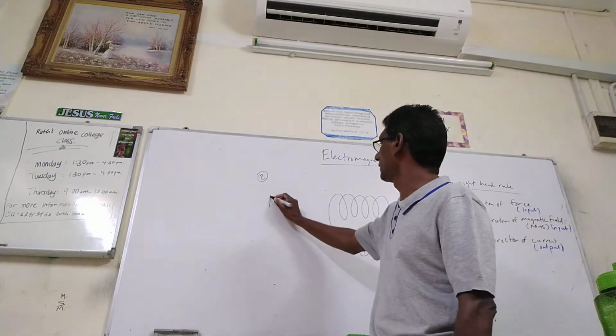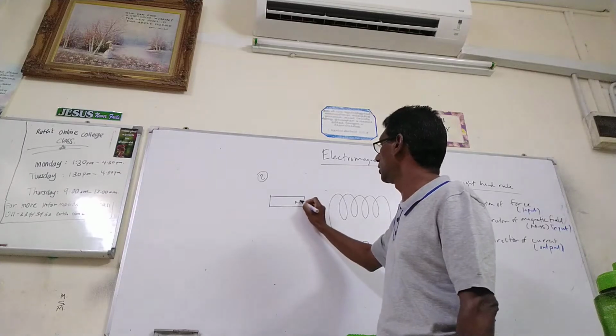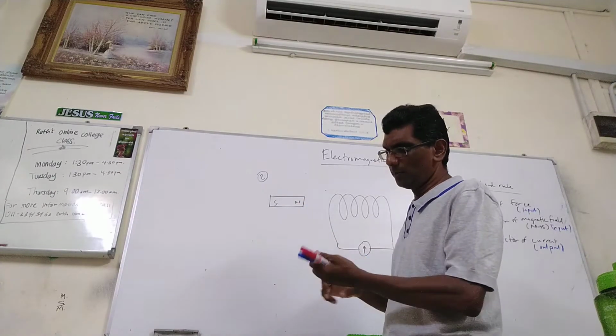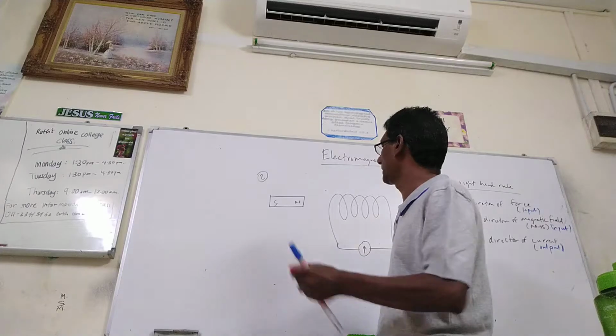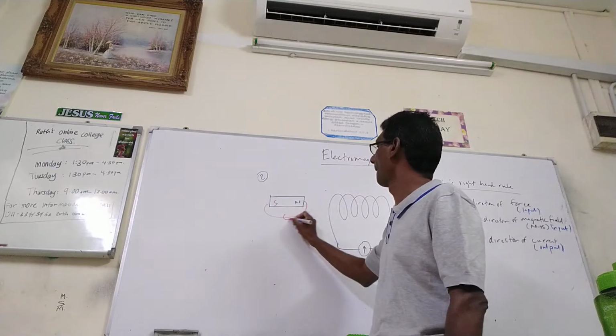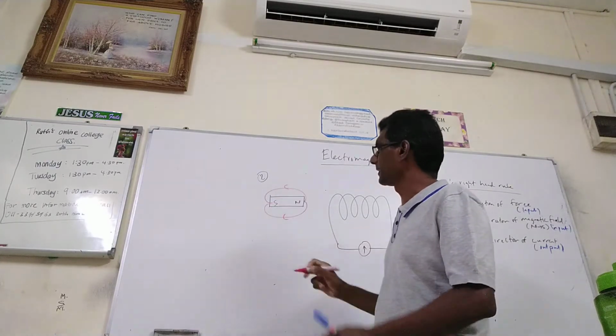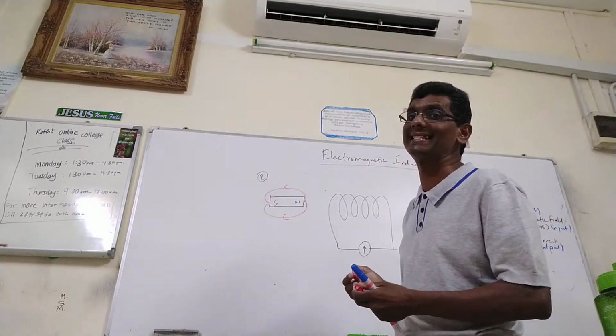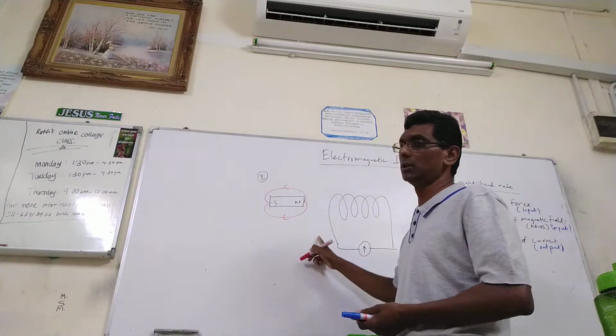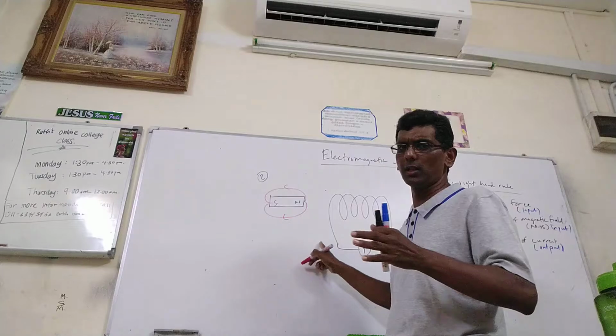This is a magnet, with a north pole and a south pole. Between the north pole and south pole there is a magnetic field. These are field lines, or magnetic flux. This is number 2, linkage with a coil.